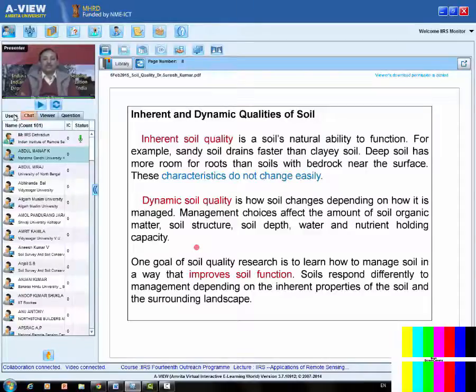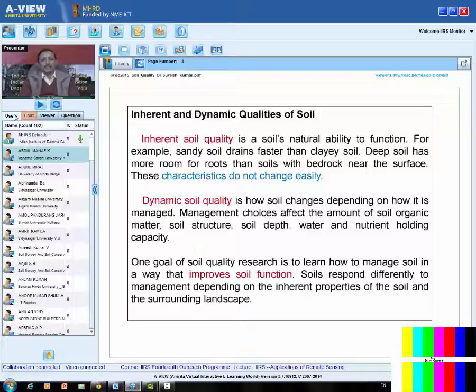That comes under dynamic soil quality, because farmers use the land in various ways over many years, and their management affects our soil quality. If we want to study that, we study dynamic soil quality. But if you want to study the potential of the soil, then you study inherent soil quality. Depending on the purpose, we select which soil quality to study and then the soil characteristics.